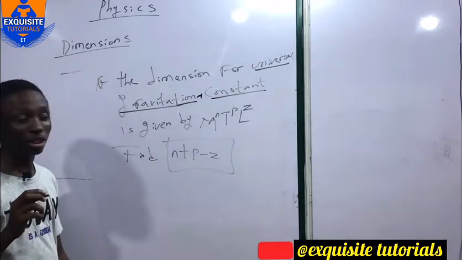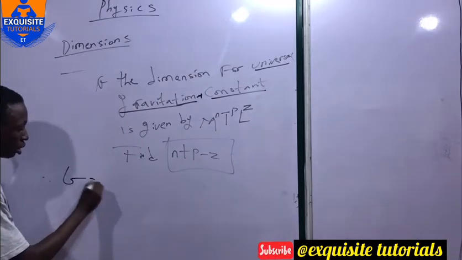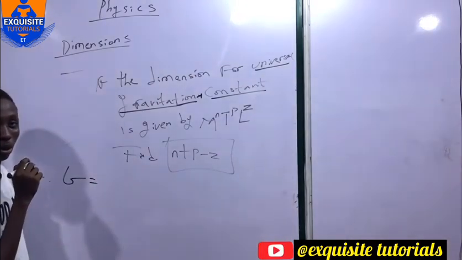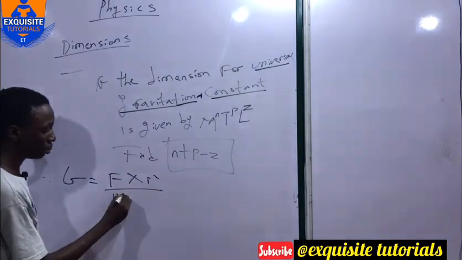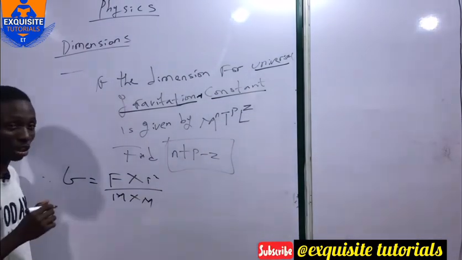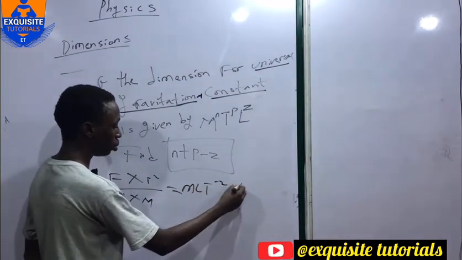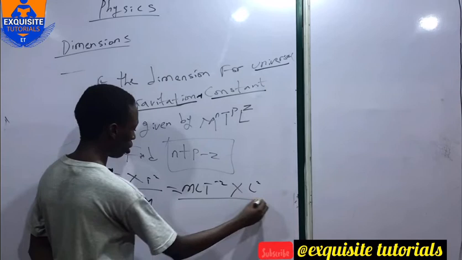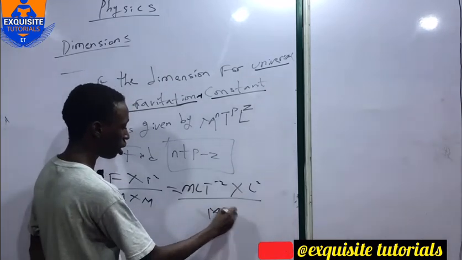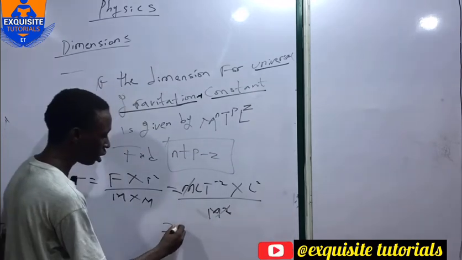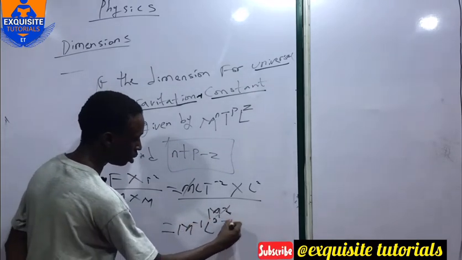Now you know that universal gravitational constant is equals to force times r squared over m times m. I believe we initially proved this. So this will be equals to MLT minus 2 times L squared all over M squared. One M can cancel one here. So this will be M minus 1 L cubed T minus 2.